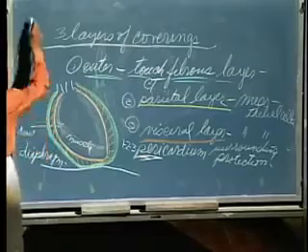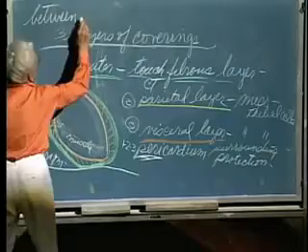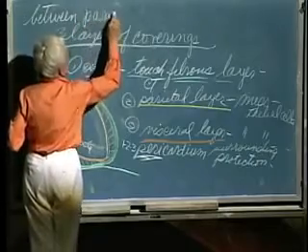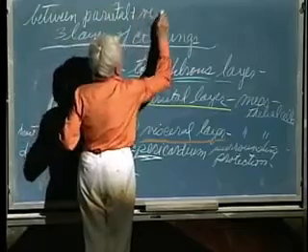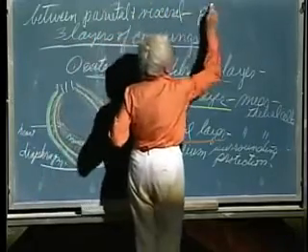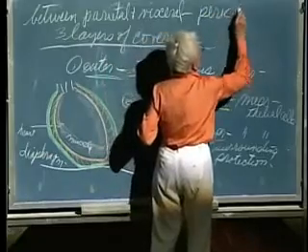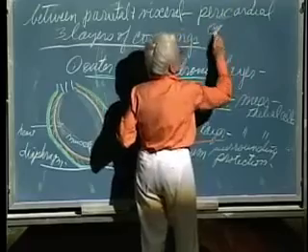So between parietal and visceral, we have the pericardial cavity.